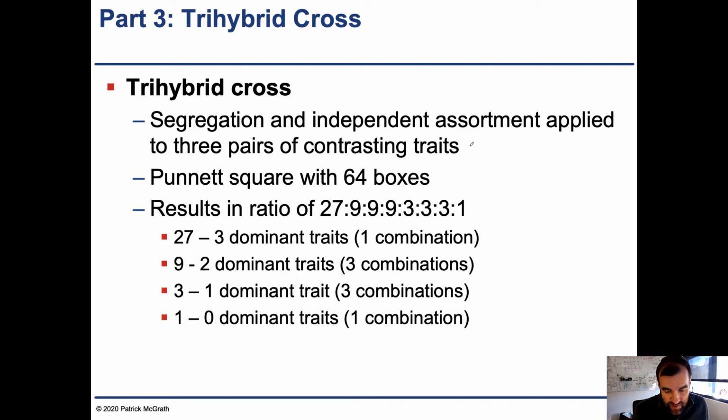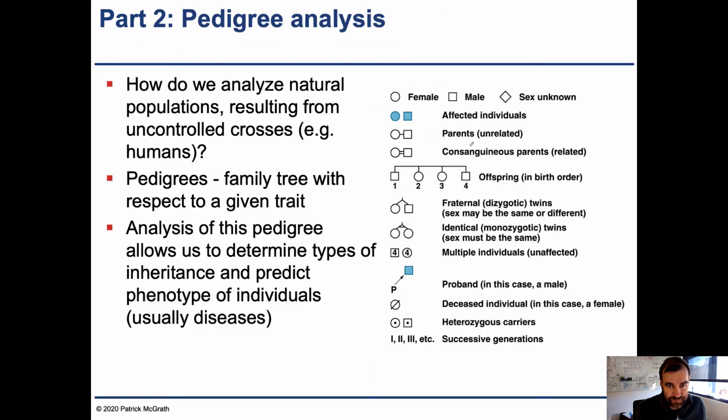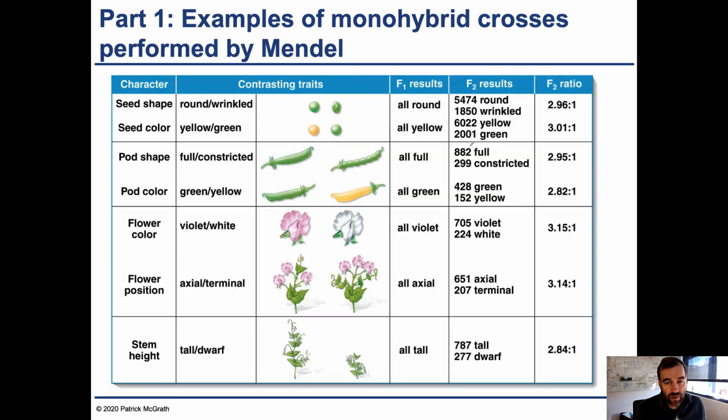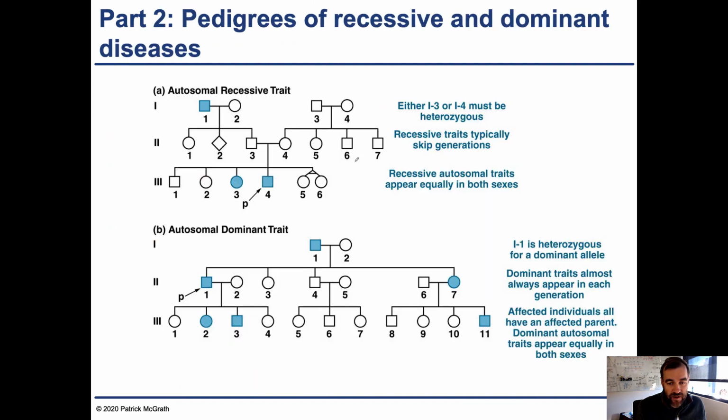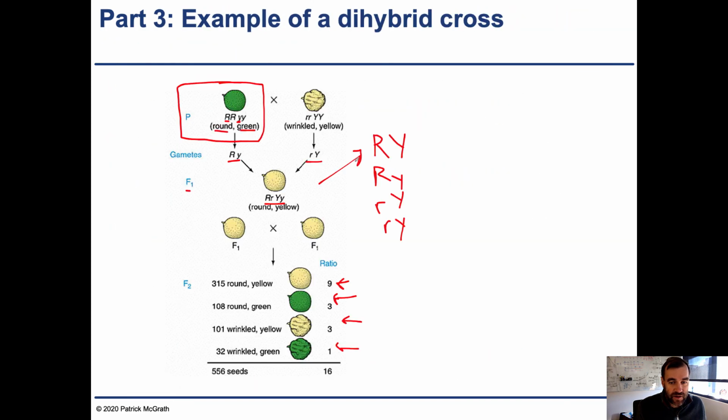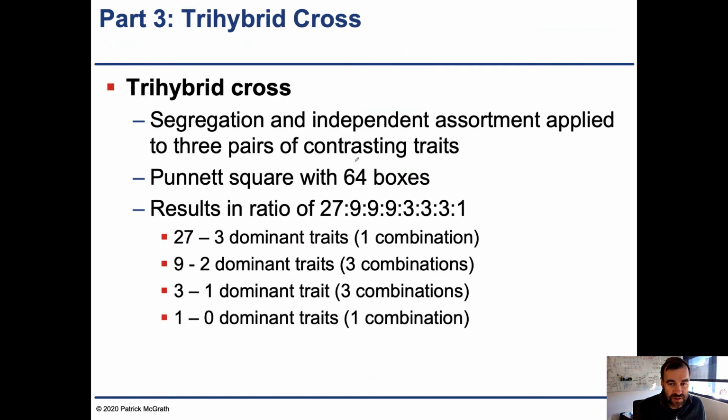So it would have to be something like, if we go back all the way to here, a smooth green pea that is full is crossed to a yellow wrinkled constricted pod sort of thing. And so when we add that third thing to the trihybrid cross, essentially what we're doing is something like this.